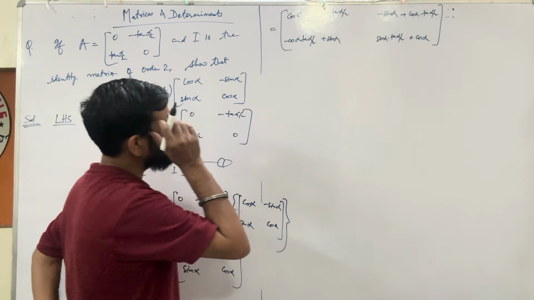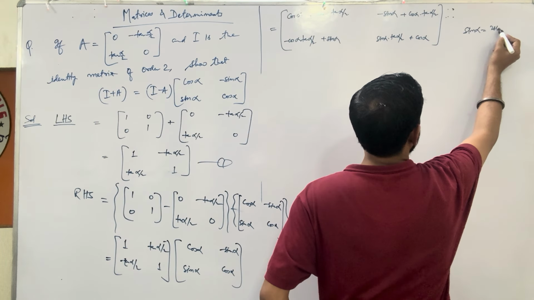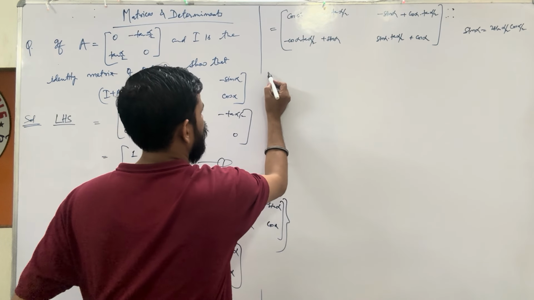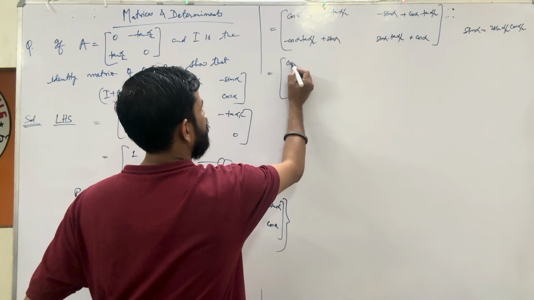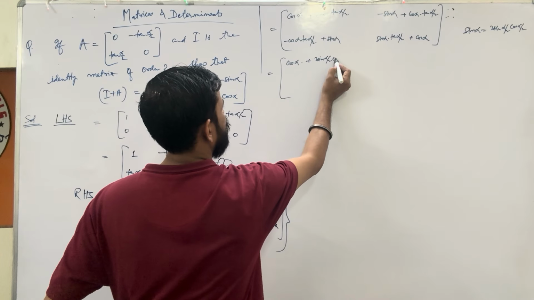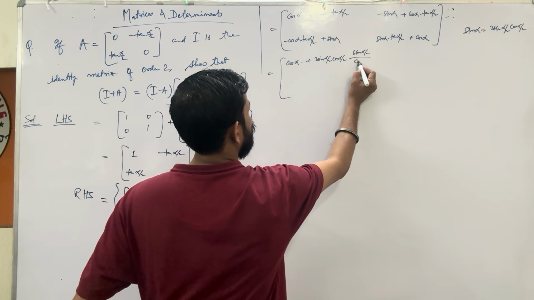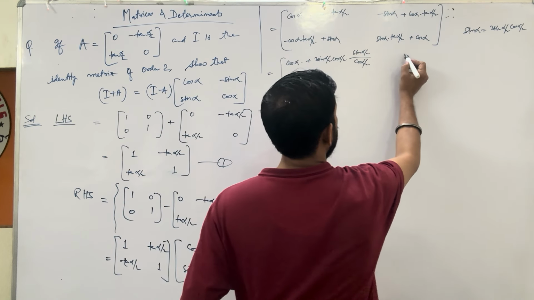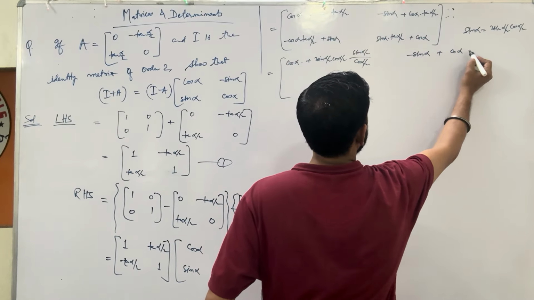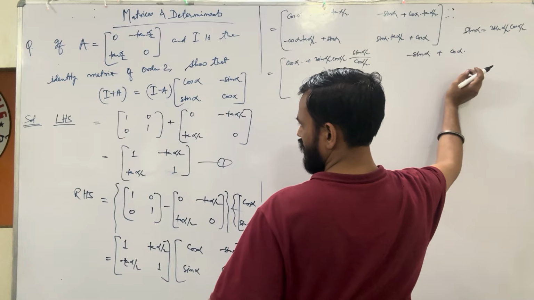All right, now we'll use the identity sin alpha equals 2 sin alpha by 2 cos alpha by 2. So if we use this expression, we get cos alpha plus 2 sin alpha by 2 cos alpha by 2 times tan alpha by 2, and here we have minus sin alpha plus cos alpha into tan alpha by 2. We want tan, right?